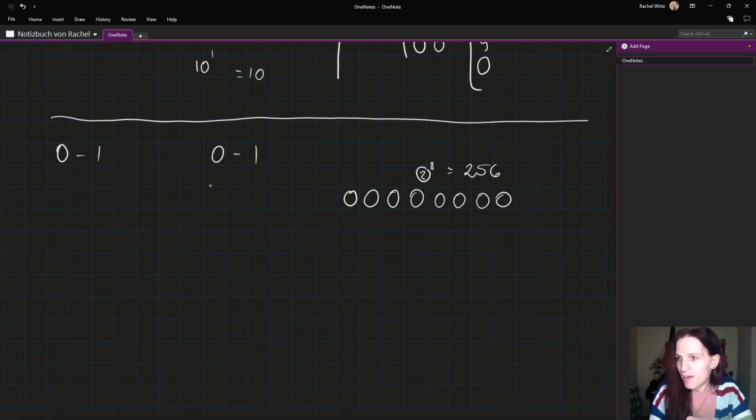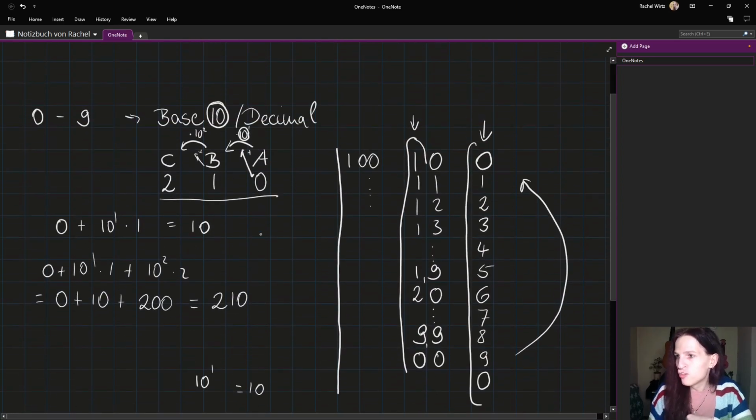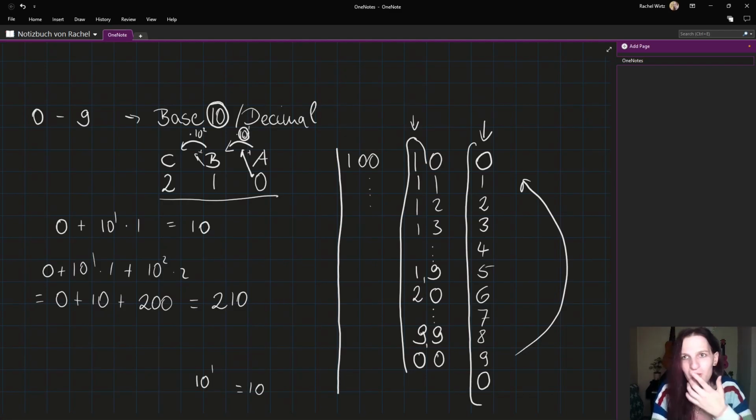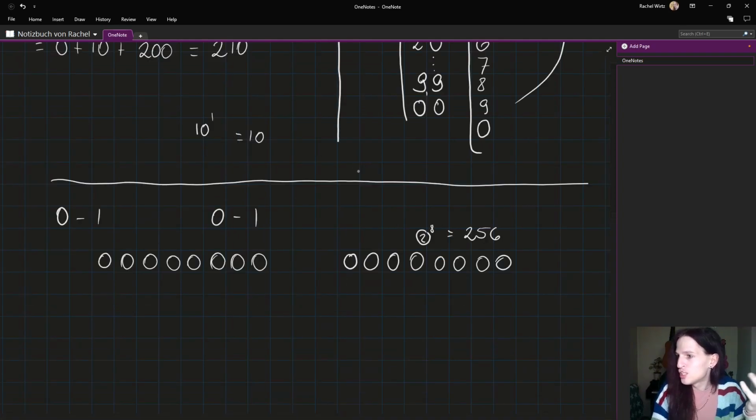If we now combine them with another byte, we do the same, times the number of different states that we can have. So we have here 2 to the power of 8, and here 2 to the power of 8.